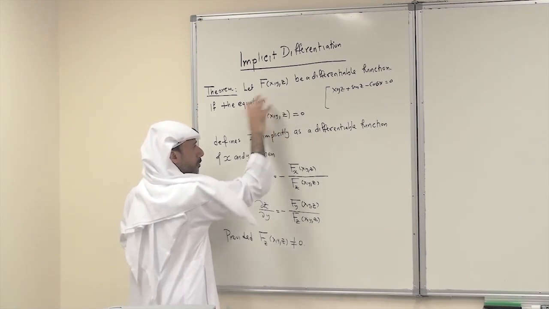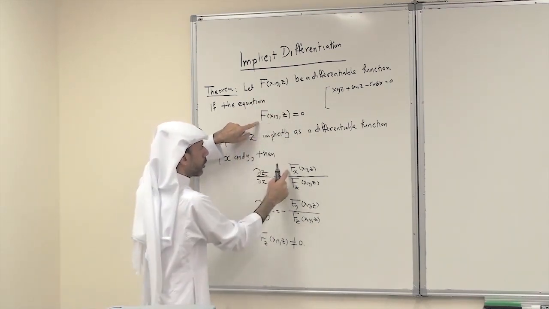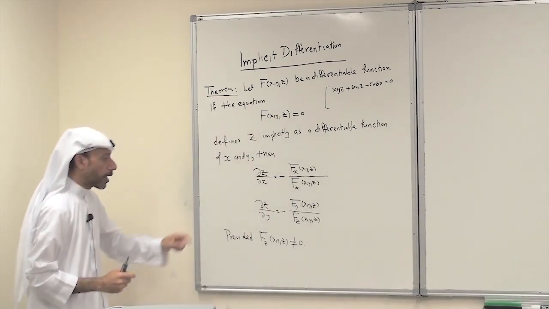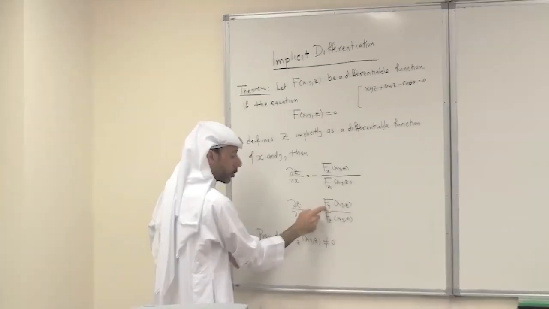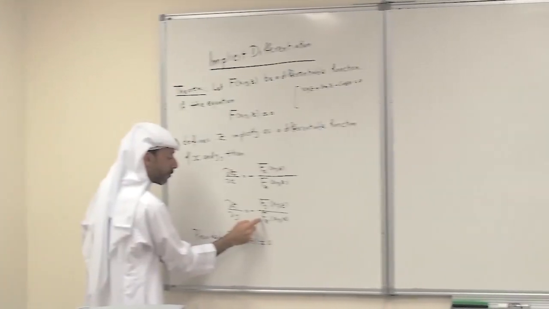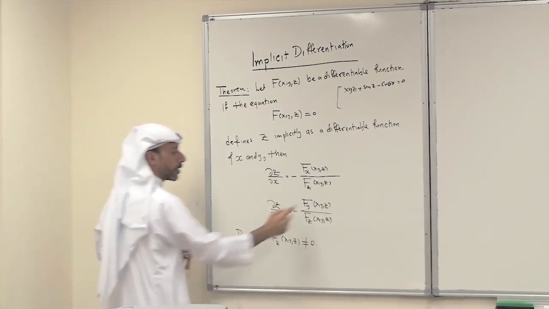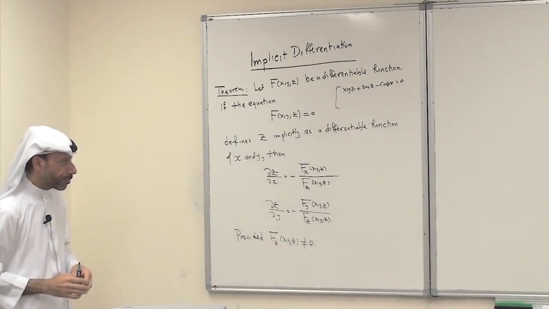This is the function, capital F. So it is just minus the derivative of this with respect to x over its derivative with respect to z. And partial z, partial y equals again minus partial F, partial y over partial F, partial z, provided, of course, the denominators are not equal to 0.